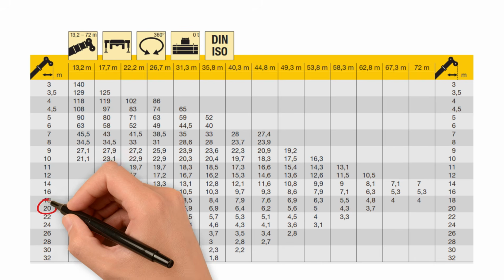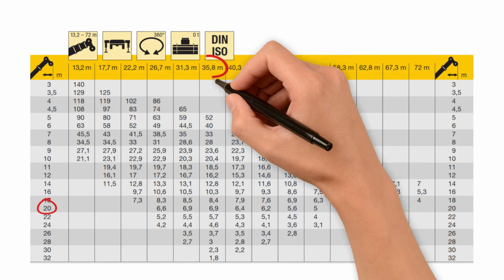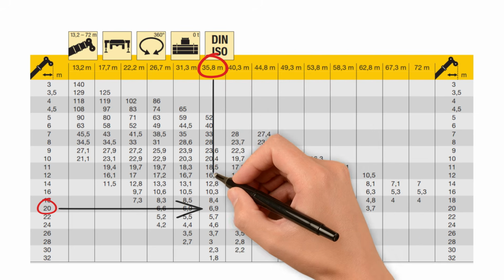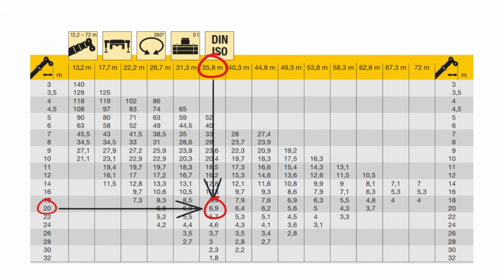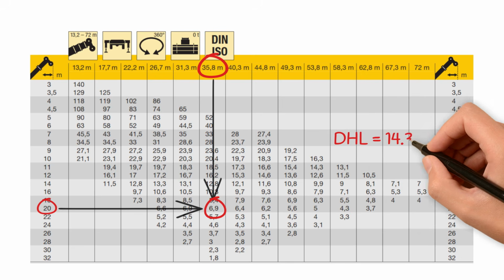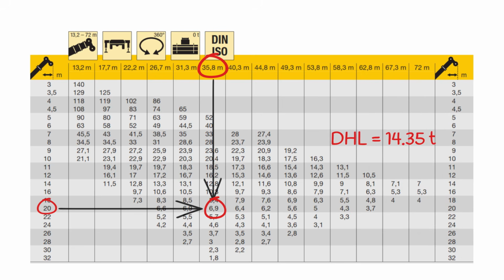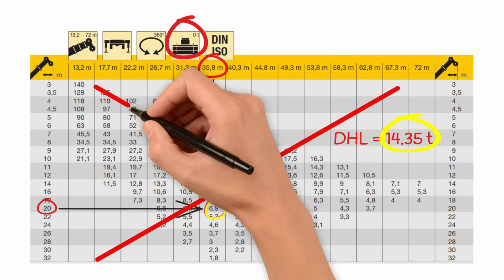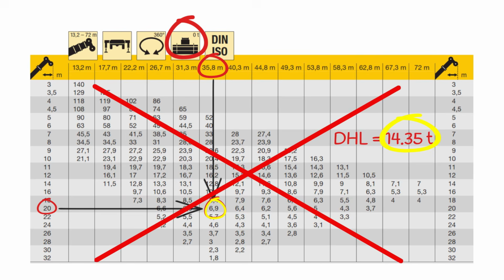Following the radius and boom length, we find a crane capacity of 6.9 tons. Our dynamic hook load is 14.35 tons. Since 6.9 tons is less than 14.35 tons, this configuration cannot safely perform the lift.